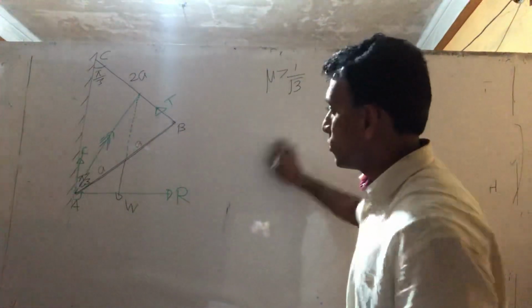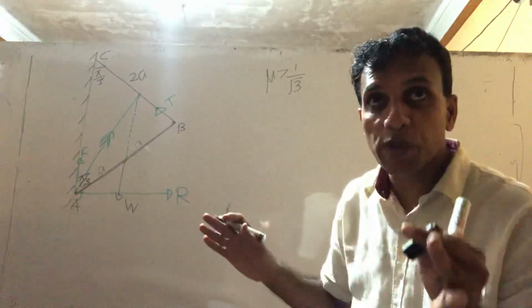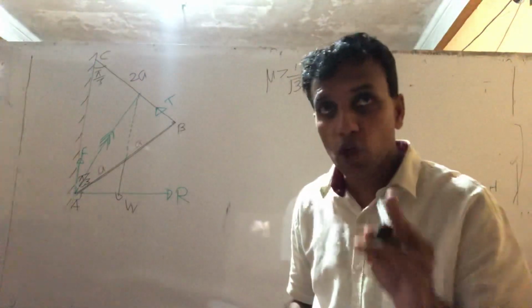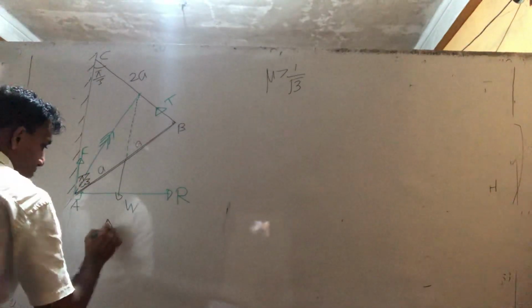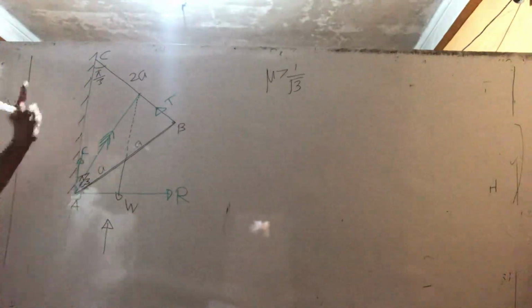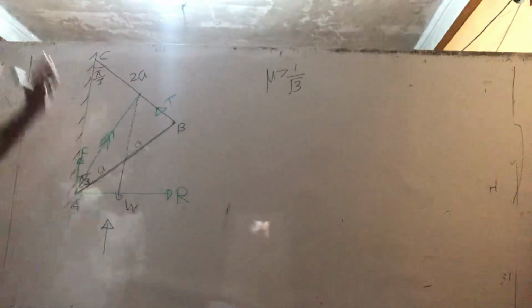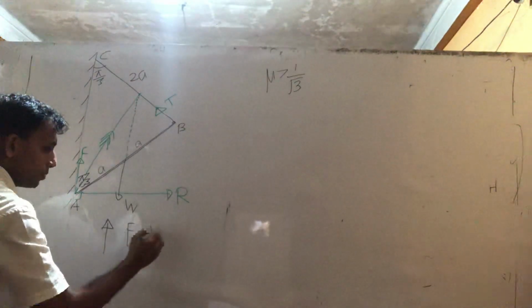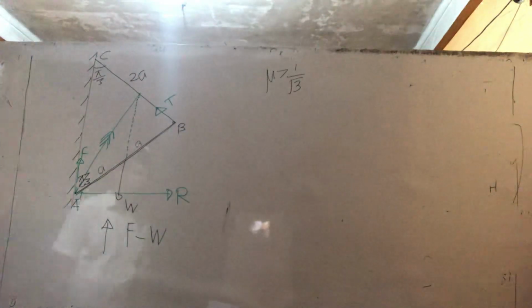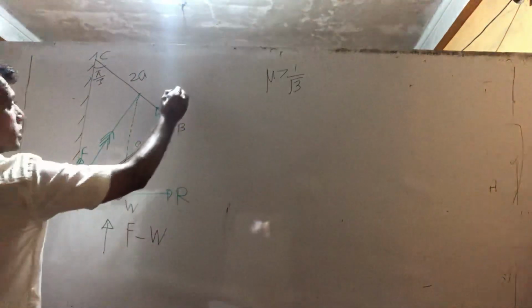So therefore you can write, for equilibrium of the rod, resolve upward: F upward, W downward, so F minus W. Okay, what is the T component here?